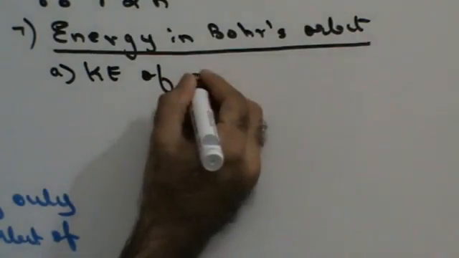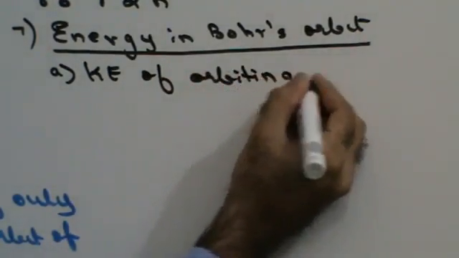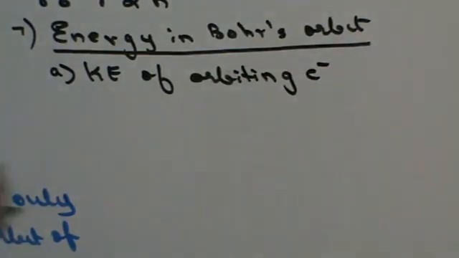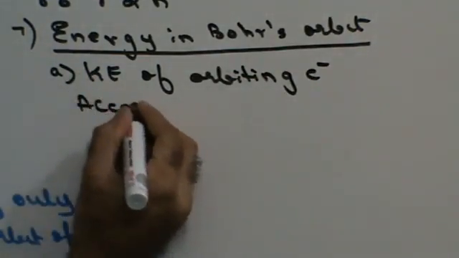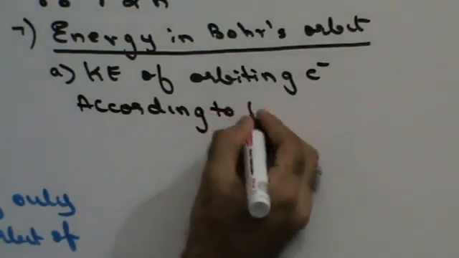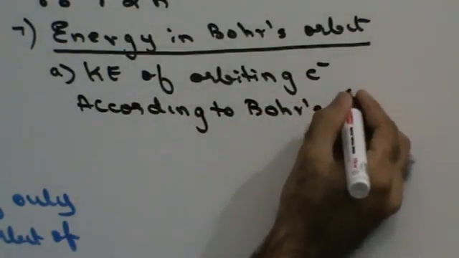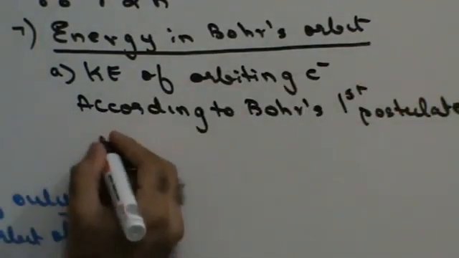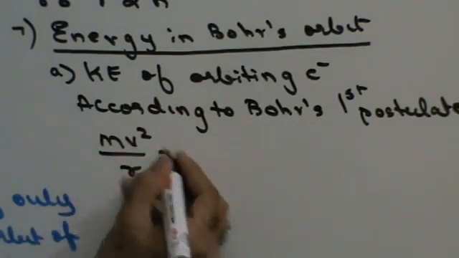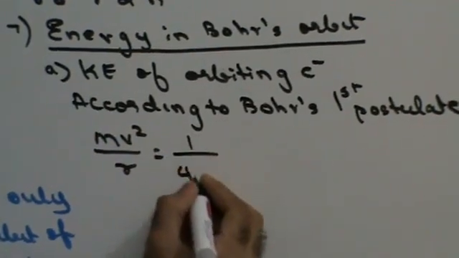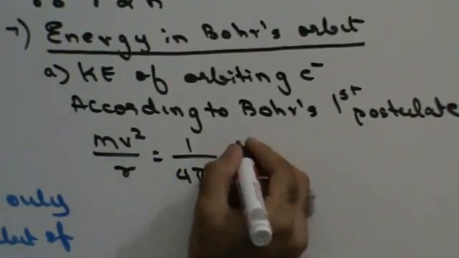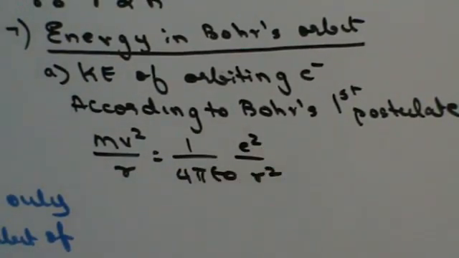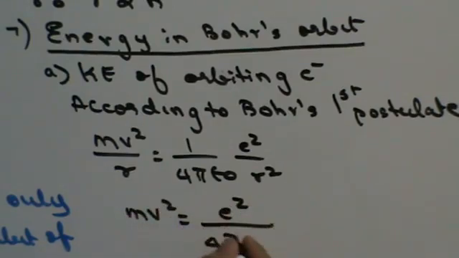According to Bohr's first postulate, I can say that mv square by r is equal to 1 upon 4 pi epsilon 0 e square by r square. So in that case I can say that mv square is e square upon 4 pi epsilon 0 r, right?